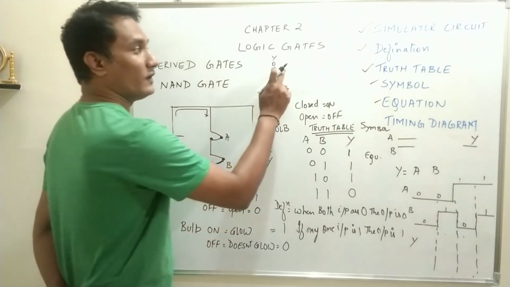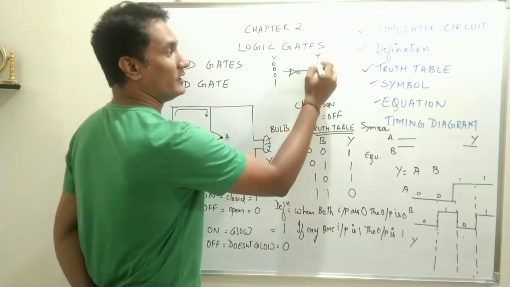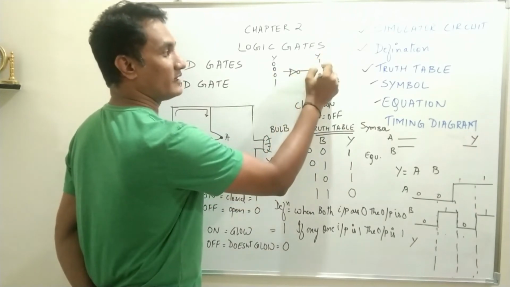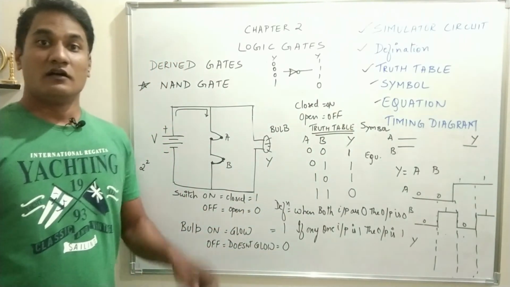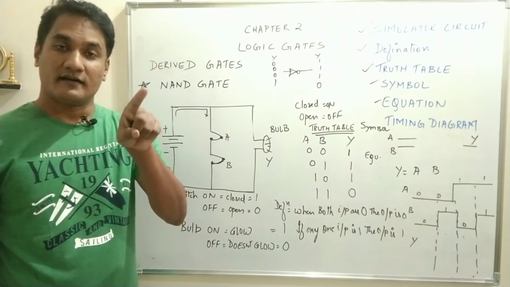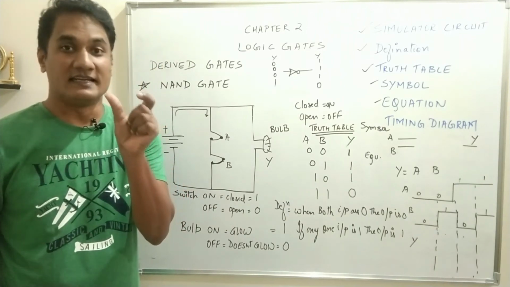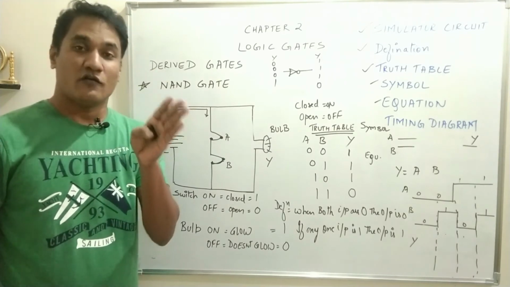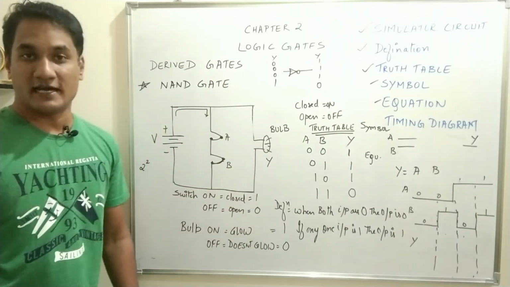So if you apply a NOT gate after an AND gate, what you are going to get is exactly the inverse of this, 1 1 1 0, which is nothing but NAND. So AND followed by NOT is the NAND gate, and that is why it is called a derived gate.